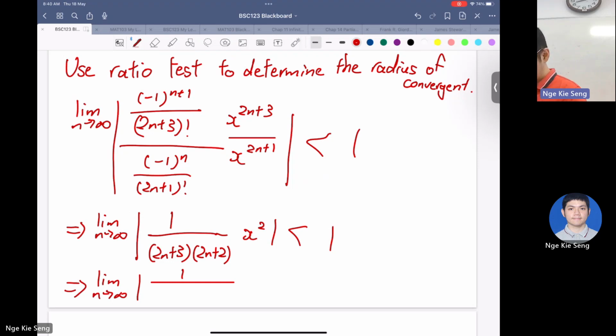No, right? So what's the limit there? Combine the terms first. We get 4n plus 6n plus 6.